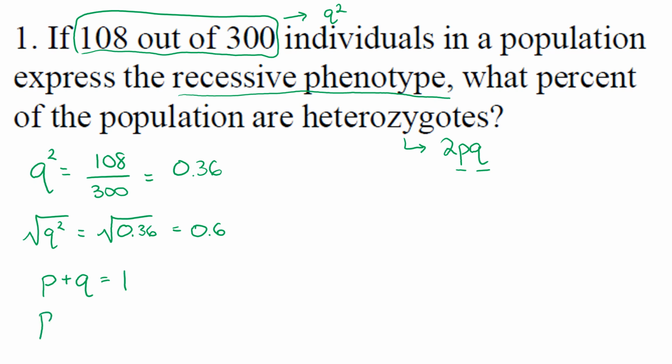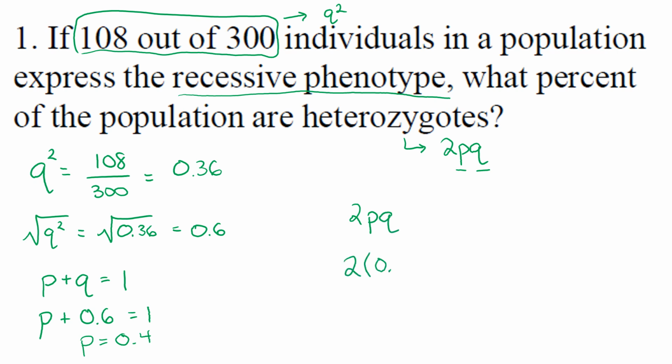I plug in my number, okay, and then I solve. So to solve, I simply subtract 0.6 on both sides, and then I should get p equals 0.4. With that said, I have everything I need to get my frequency or percent of heterozygous. I simply plug it in.